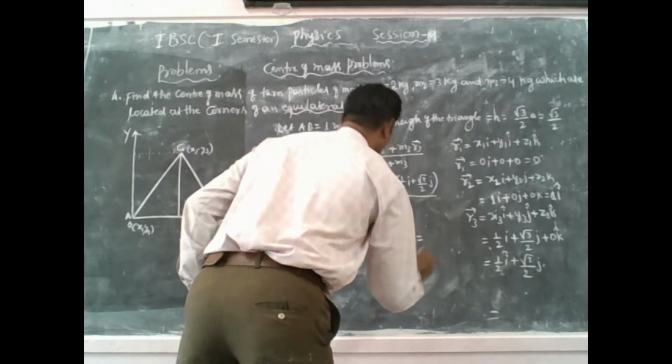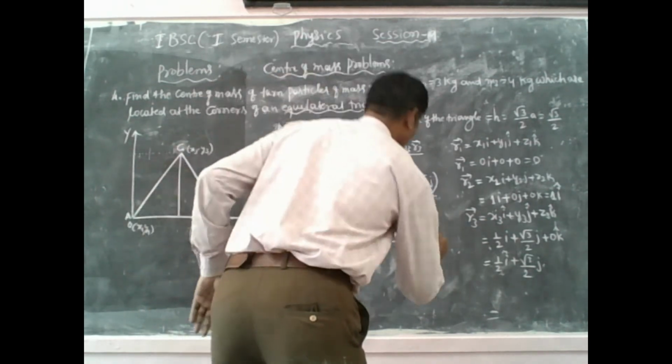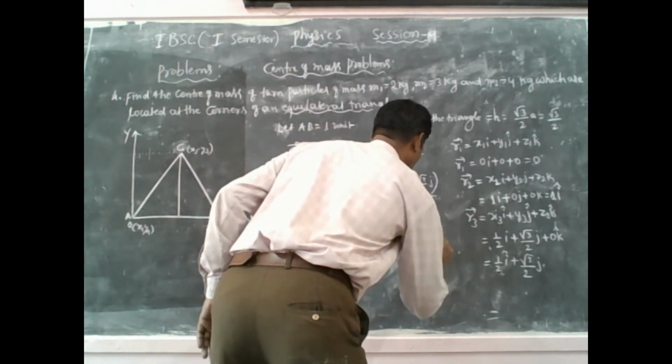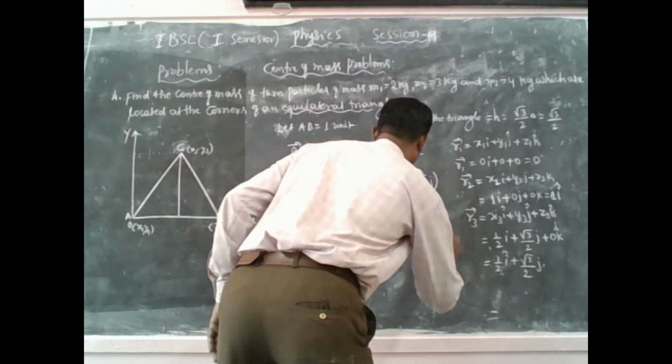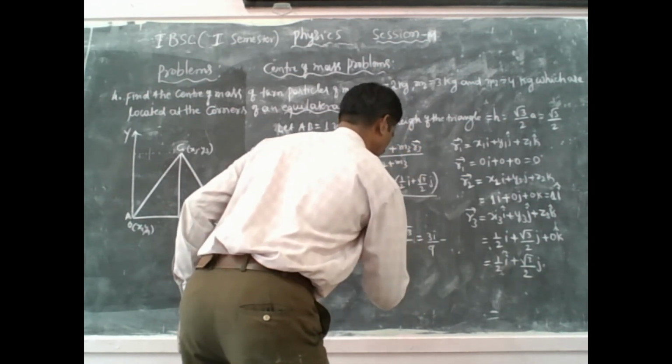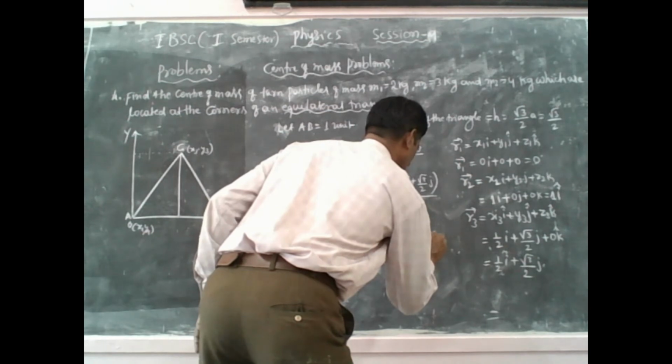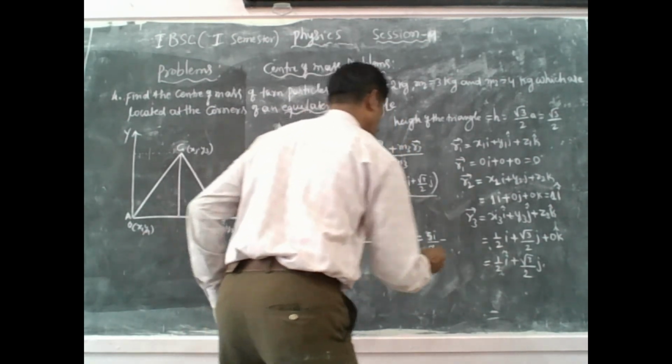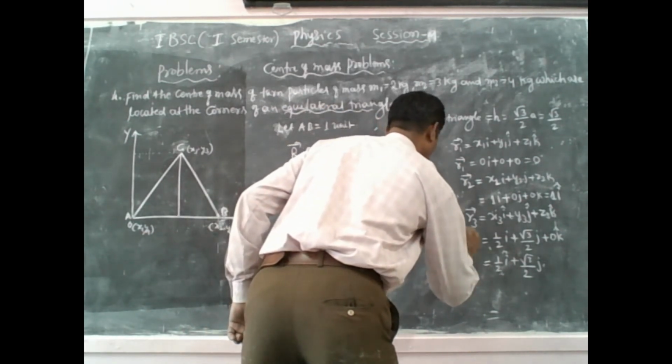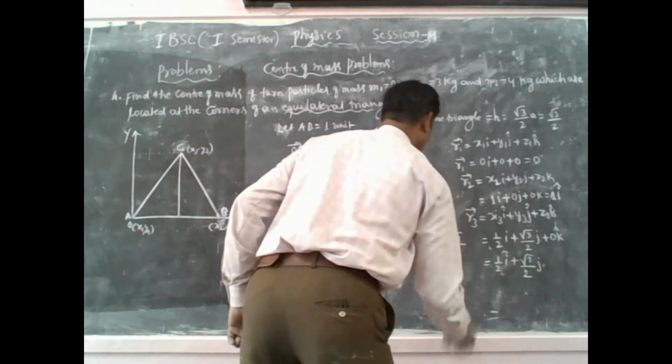Therefore 3i divided by 9, 3i plus 2i equals 5i. Sorry, 5i plus root 3 divided by 9.